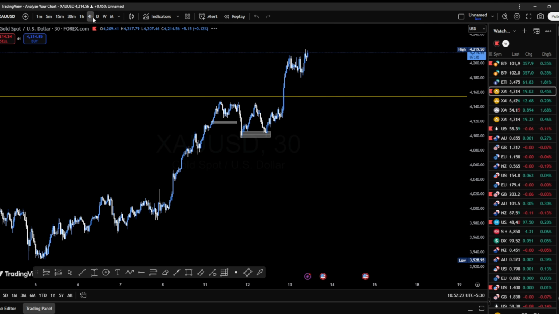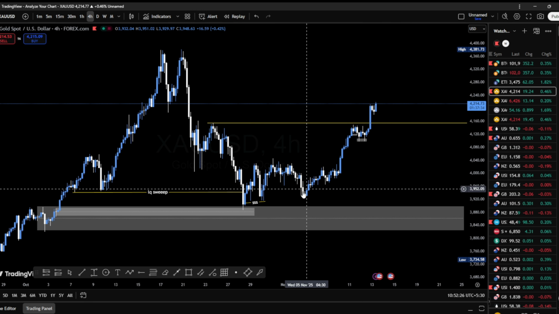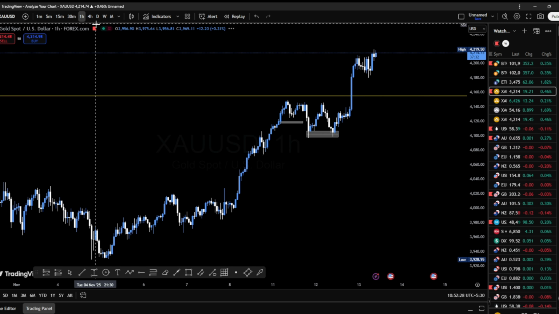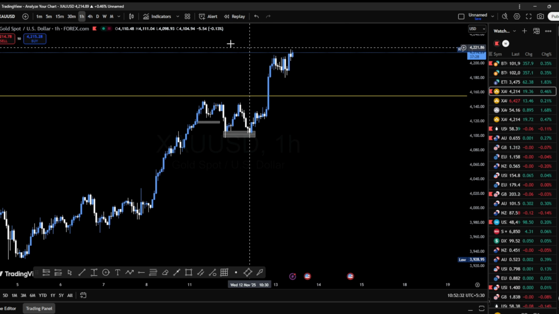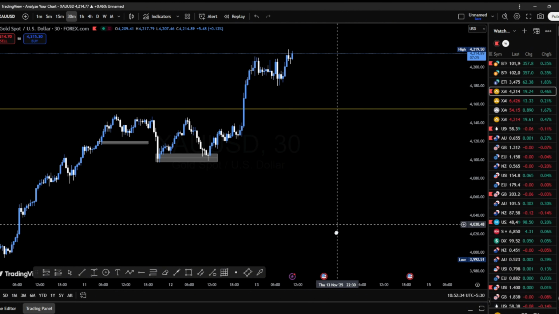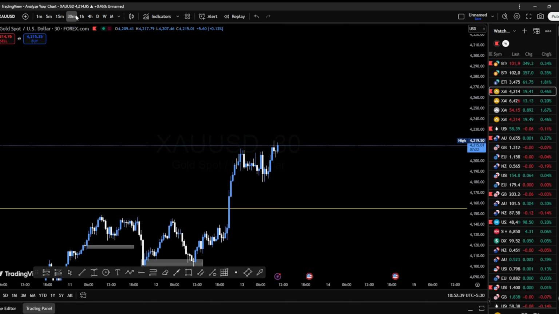In gold, what you can do right now, in 4 hour we can see gold is trying to go upside. Gold is always trying to go upside. In 1 hour we can see the market is going upside. In the 30-minute time frame we can see it trying to break these zones right now.